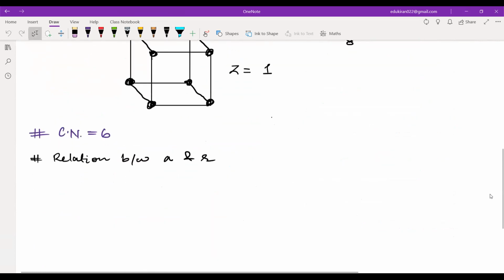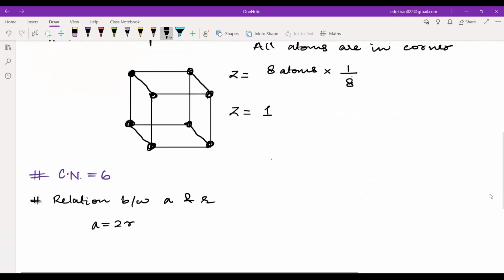So a will be equal to 2r, right? Yes, because these two atoms are touching each other. The edge length is a, and then you have r and r. Fine. So we have got all the things.